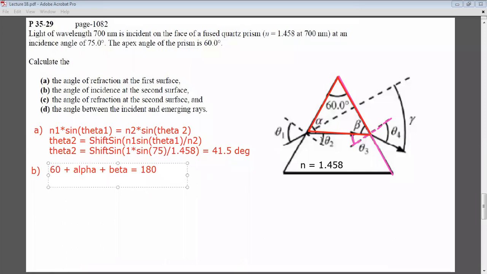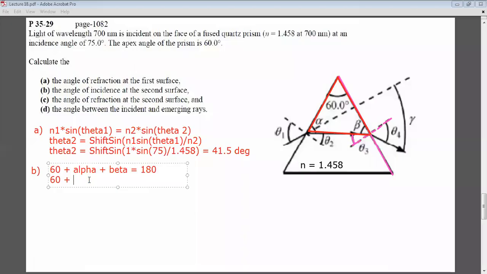We calculated theta 2 to be 41.5. So 60 plus alpha is 180, sorry, not 180. It is 90 minus theta 2, which is 41.5, plus beta is equal to 180.